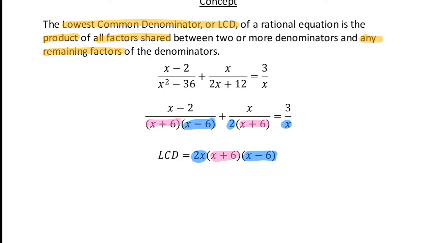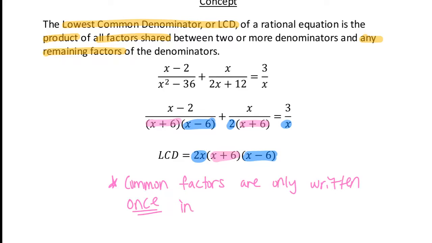So for the LCD, I'm going to add a little note for you guys here. I'm going to put an asterisk. The common factors are only written once in the LCD.